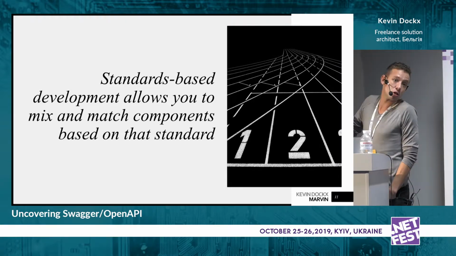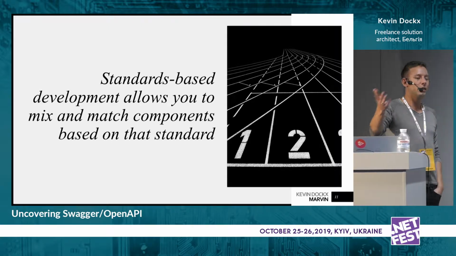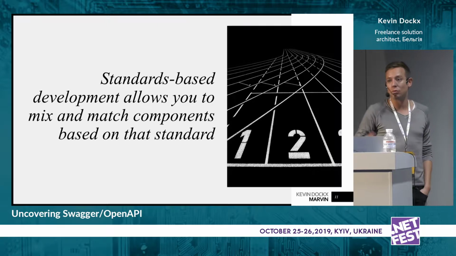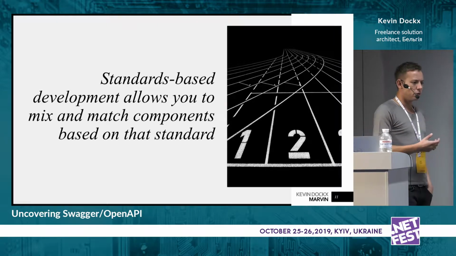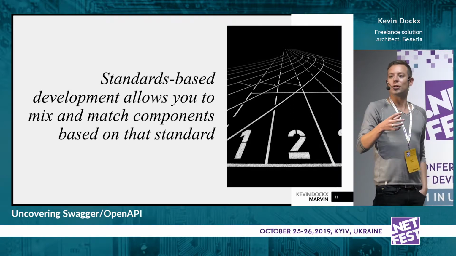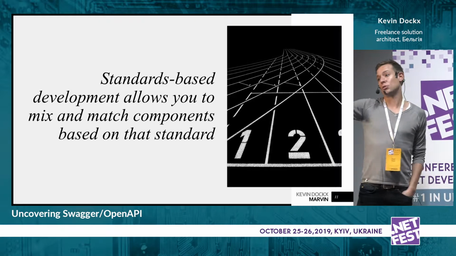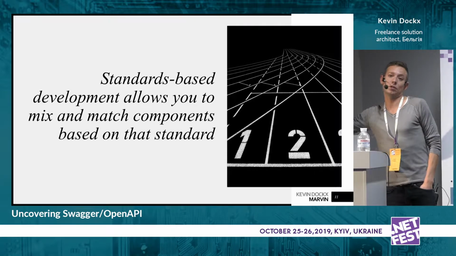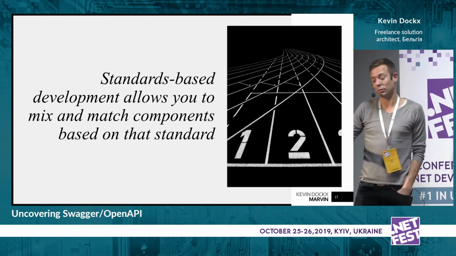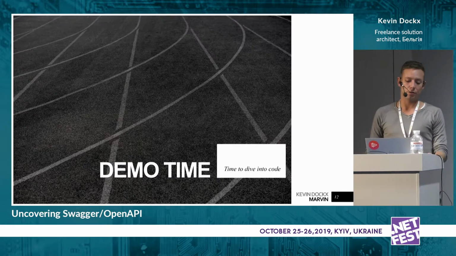Personally, I like Swashbuckle more than NSwag Studio for generating my spec and eventually the UI through Swagger UI. But I like NSwag Studio better for client-side code generation. So I just use the specification created by Swashbuckle to generate client-side code using NSwag Studio. And that can happen thanks to the fact that it's based on standards.